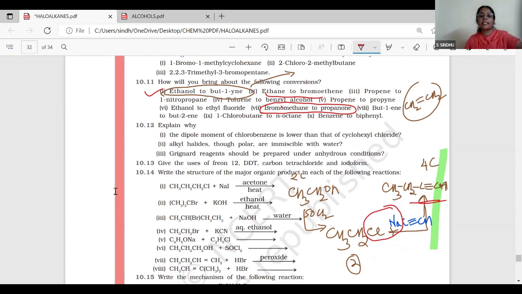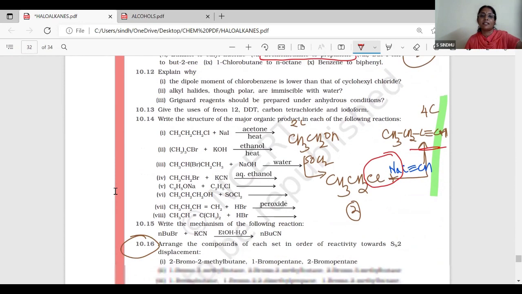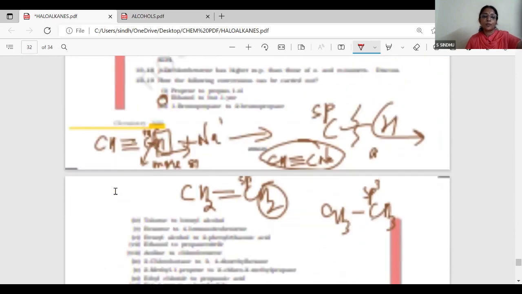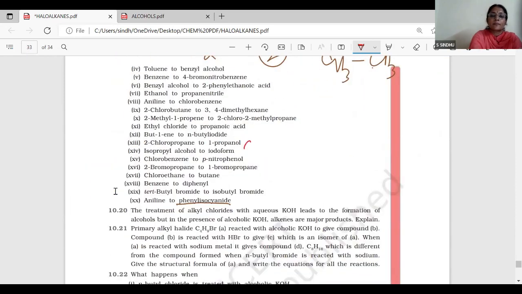There is an easy way when we connect it to the chapter of aldehydes that we have learned. Converting bromomethane, CH3Br, to propanone. So what is the possibility? A 1-carbon haloalkane to be converted to a 3-carbon ketone.